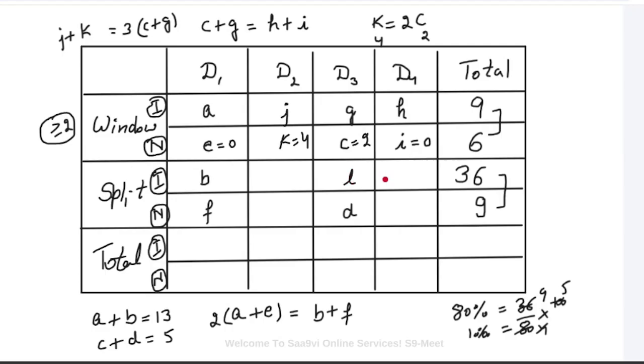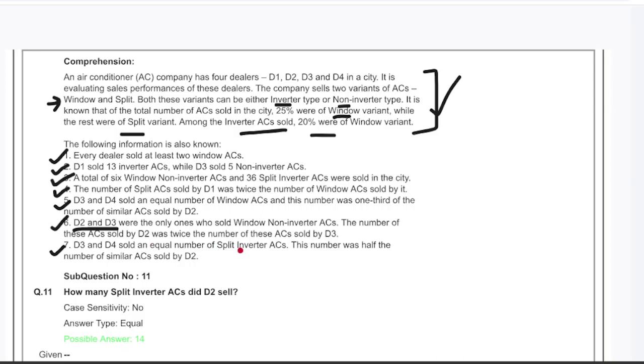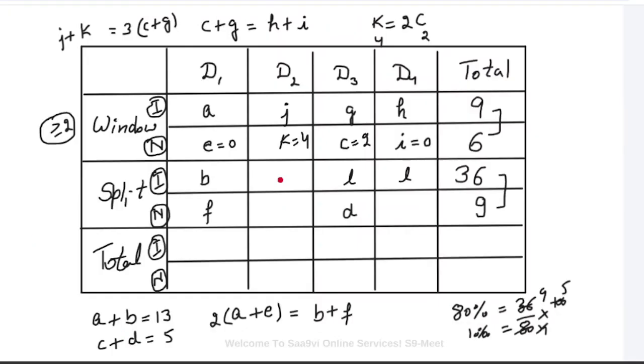So this is L, then this is also L. And this number was half the number of ACs sold by D2, similar ACs. That means D2 has sold twice of this, so it has sold twice of L.